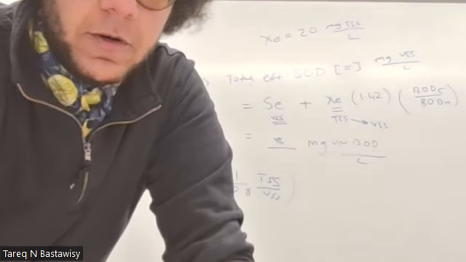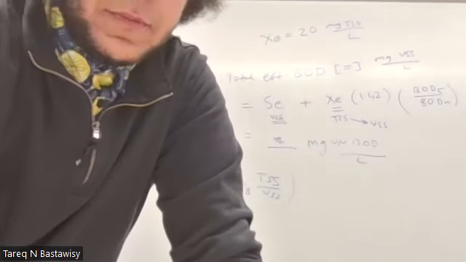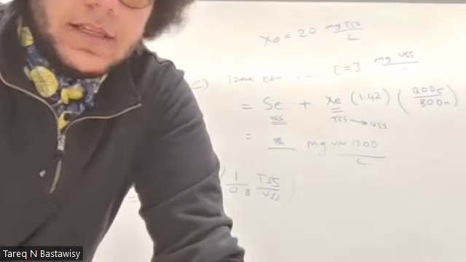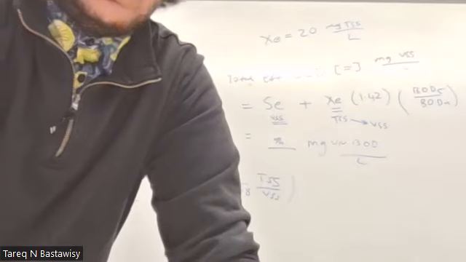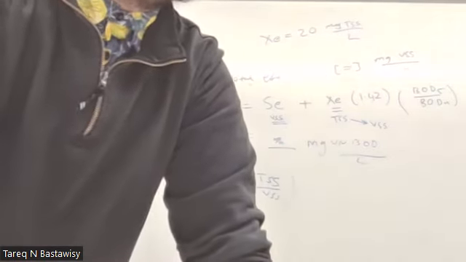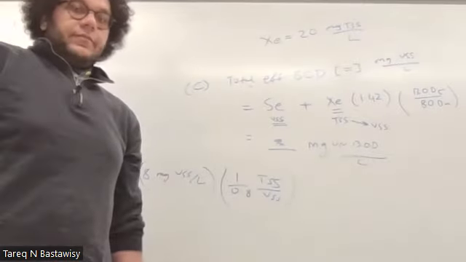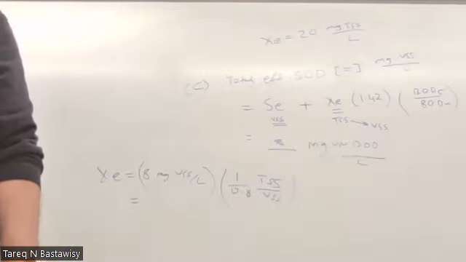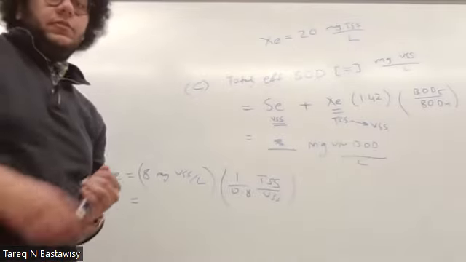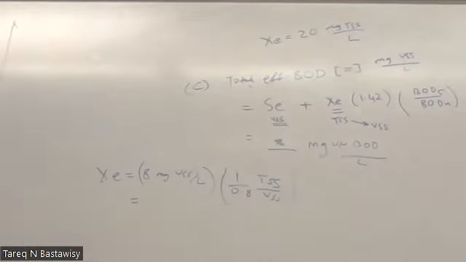If you go back to homework 11, question 2, part B says you have your mixed liquor solid concentration and it's reported in milligrams VSS per liter. So you can use the units to tell. Ideally, the units should always be reported, whether it's TSS or VSS. You do the conversions appropriately.